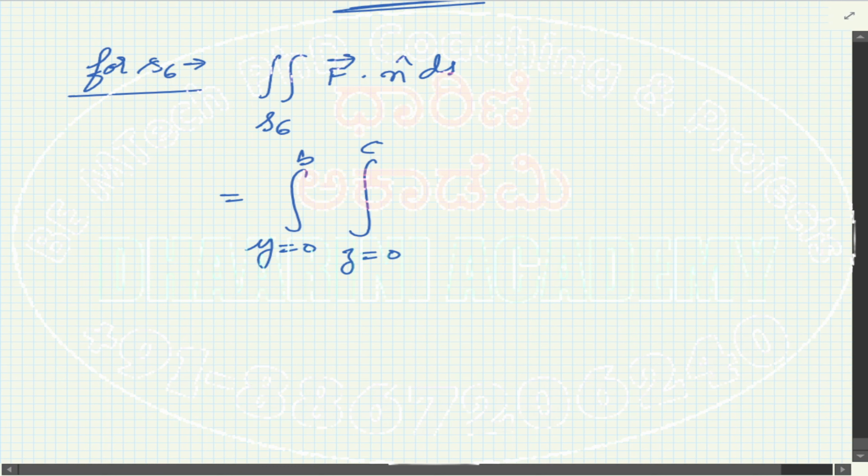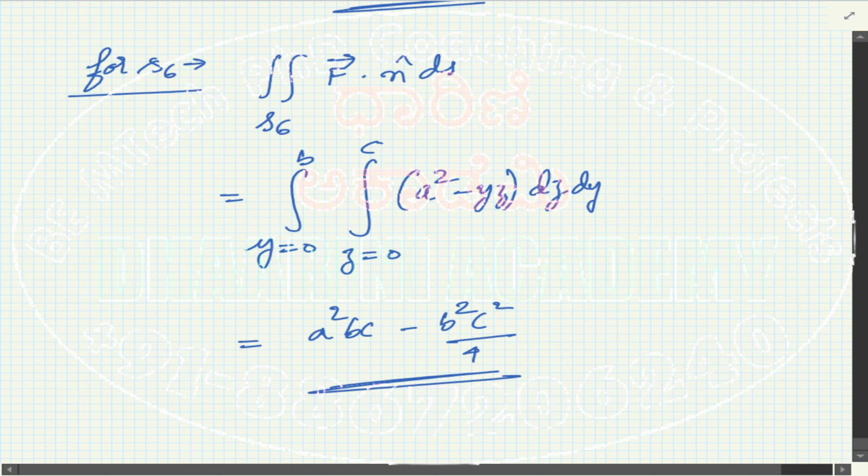Then you write the f dot n cap ds. So that is a square minus yz into dz dy. So after solving this double integral, we are going to get a square bc minus b square c square divided by 4.